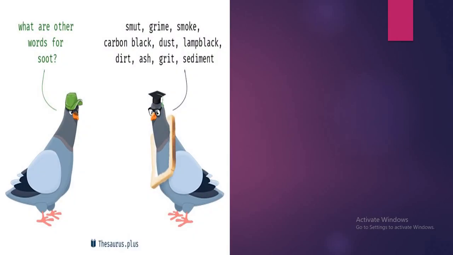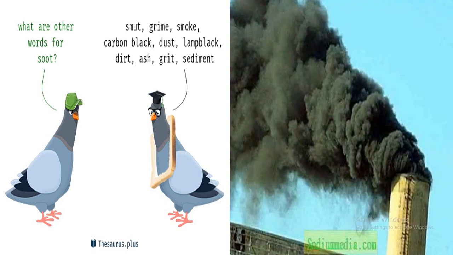Yes, other words for soot are smut, grime, smoke, carbon black, dust, lamp-black, dirt, ash, grit and sediment. So all these give the explanation about dark black smoke, isn't it? That is what soot is. It is released due to industrial waste, industrial pollution.